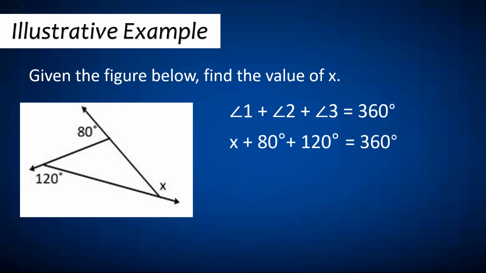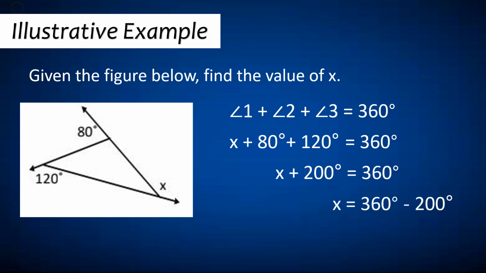Next, substitute yung mga values na meron na. Yung isa is 80, yung isa ay 120, at yung isa yung x, yun yung hahanapin natin, yun yung unknown, is equal to 360. 80 plus 120 is equal to 200. So, magiging x plus 200 is equal to 360. Ganun ulit, you can use SPE or you can transpose.